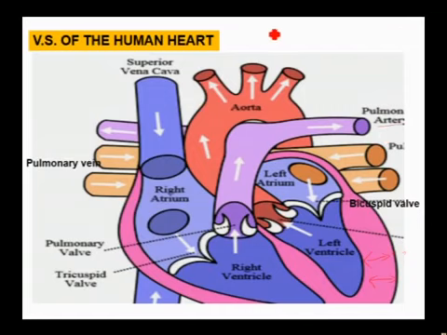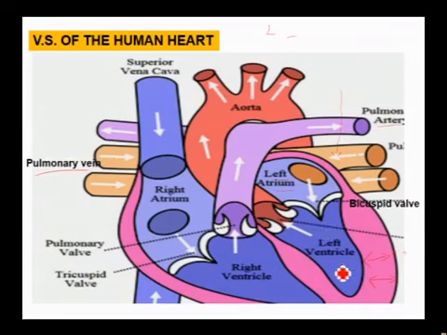In the lungs, they are oxygenated and brought back to the heart with the help of pulmonary veins. 2 sets of pulmonary veins. They drain the oxygenated blood into the left auricle or atrium.